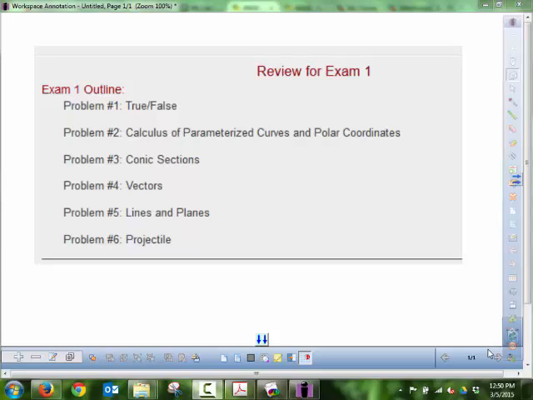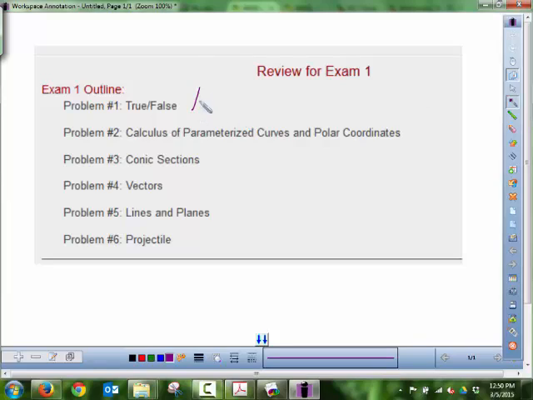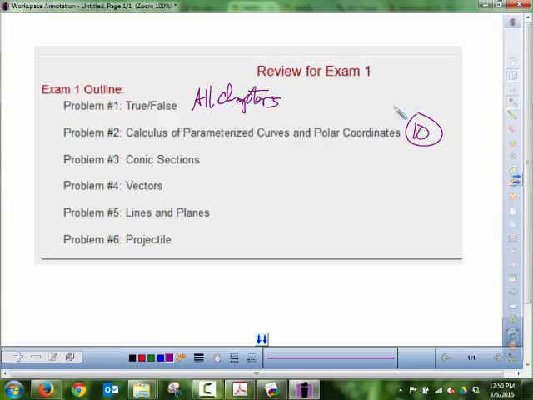Problem 2 would be in Chapter 10. By the way, Problem 1 is in all the chapters. Problem 2 would be the calculus of parametrized curves and polar coordinates in Chapter 10.